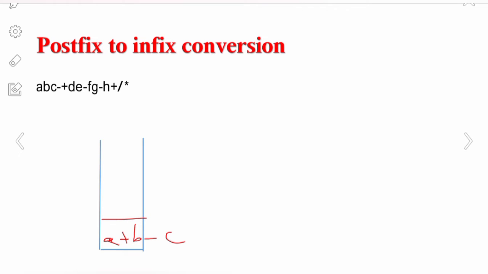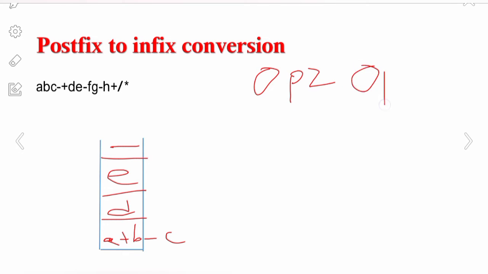Okay, so now next we will go with the next element, that is d, and then e, next minus. So again the operator minus is available here. So now we will follow the same rule, that is operand 2, operator and operand 1.